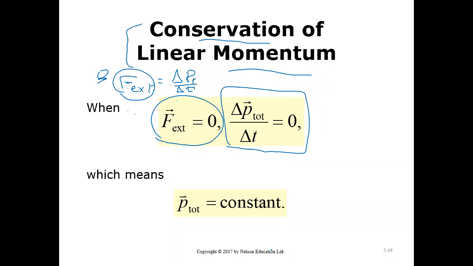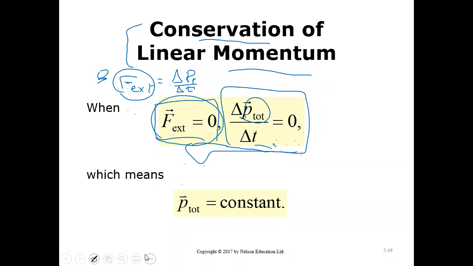If the velocity does not change with time, then delta V divided by delta T is equal to zero. That means velocity remains constant. Similarly, if the total momentum does not change with time, suppose we have this equal to zero. It is true that if the net external force is equal to zero, then the total momentum of the system will remain constant with time.